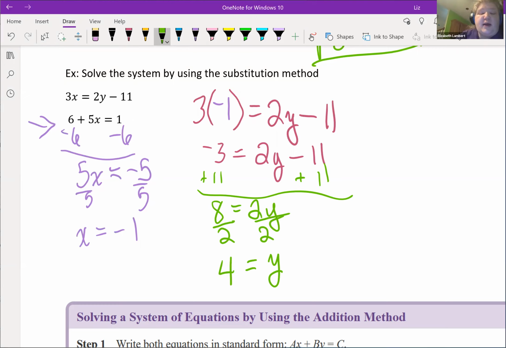So -1 and 4. -1 for the x, 4 for the y. Remember, your ordered pair, -1, 4 is not the same as 4, -1. The order you put the numbers in matters. If you know yourself to be the kind of person who is dysnumeric, who flip-flops the numbers, make a note to yourself to double check before you submit your answers.